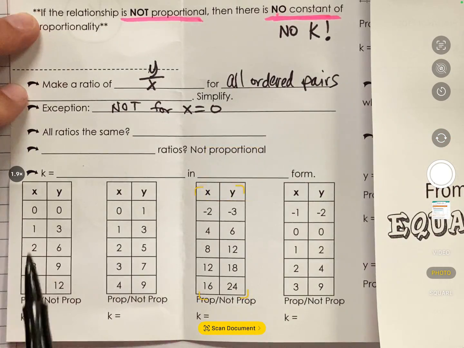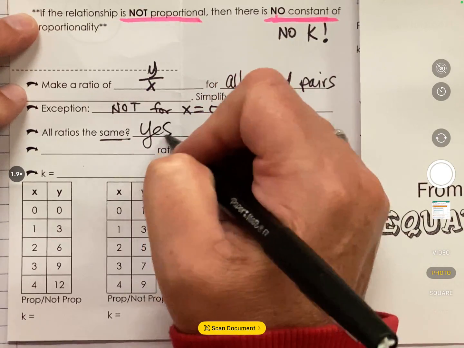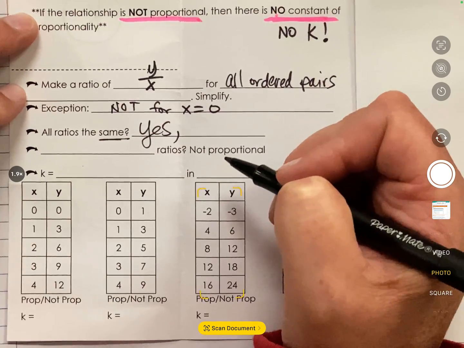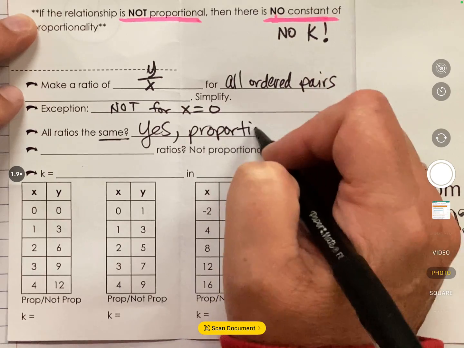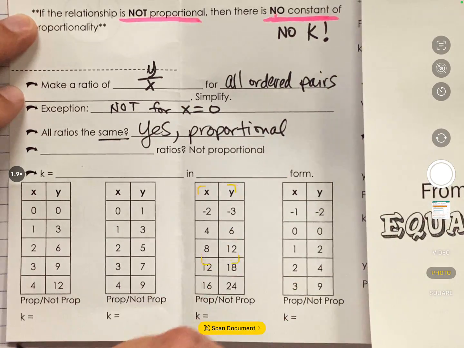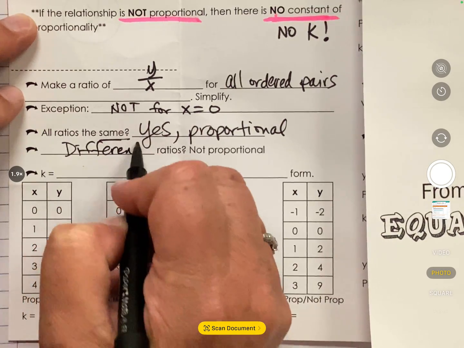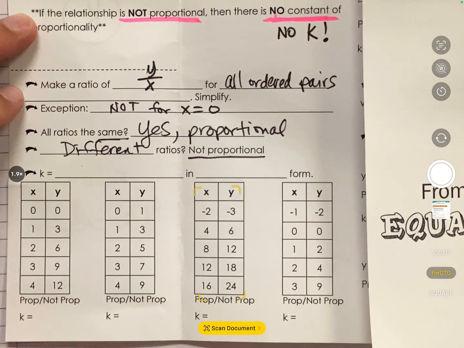After I check all the ratios, if they are all the same, is that proportional or not proportional? You should have been thinking proportional. If they're all the same, they are proportional. If you have different ratios, then it would be not proportional.